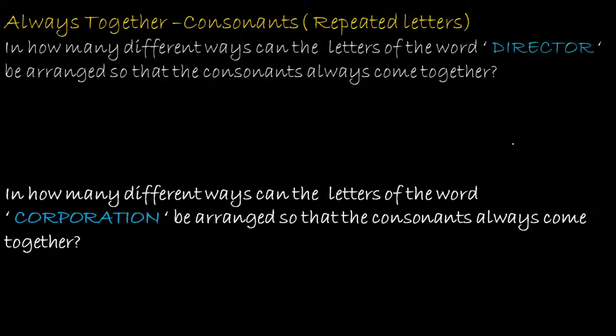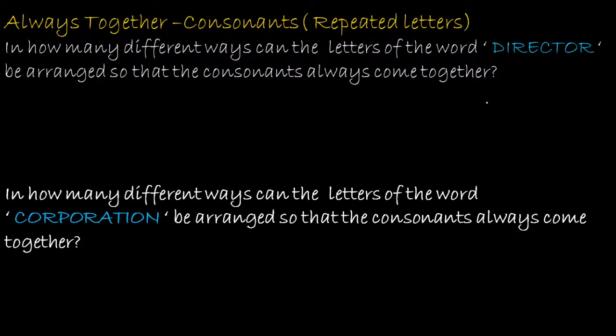So again, we have just now discussed what happens in the case of non-repeated letters. Then if we move on to repeated letters in terms of consonants, how can we calculate the different number of permutations? In how many ways can the letters of the word director be arranged so that the consonants always come together?